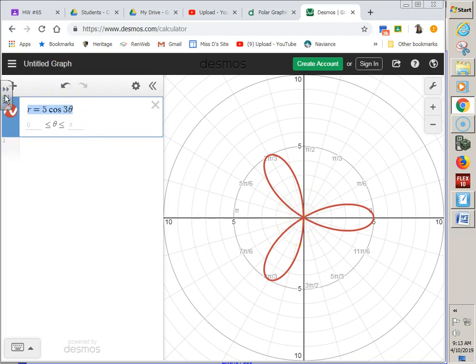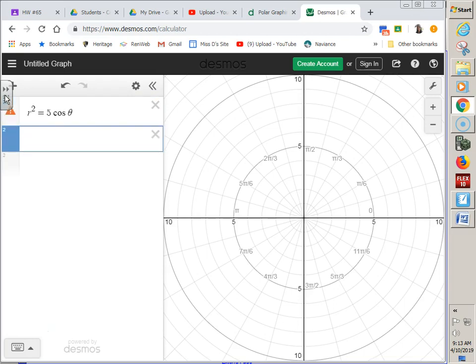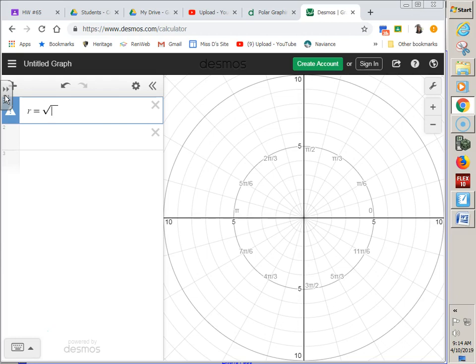Let's see if I can do r squared equals 5 cosine theta. Oh, it doesn't like that. What if I do r equals the square root of 5 cosine theta?